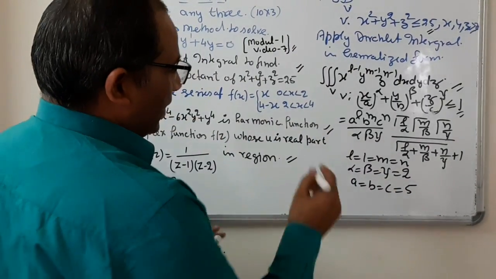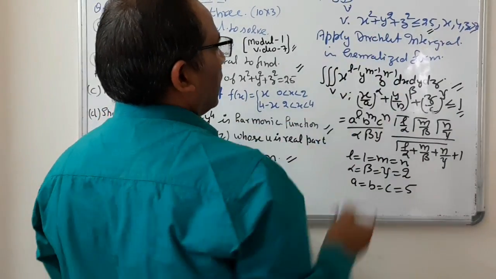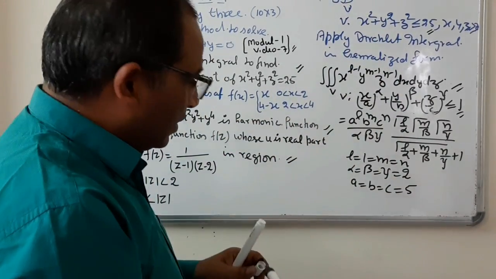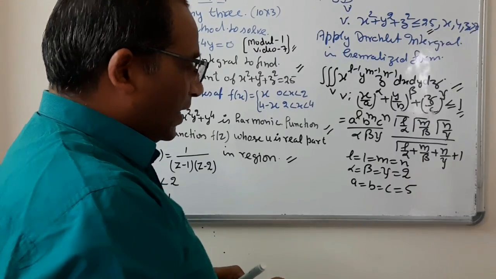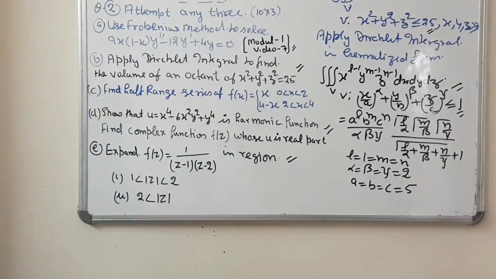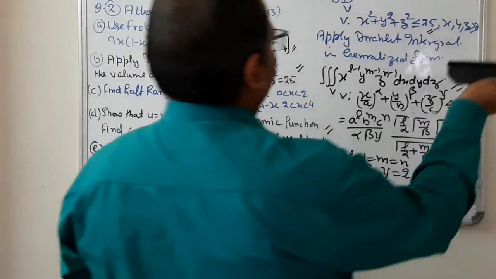Compare this formula to this one and find the values of l, m, n, alpha, beta, gamma and a, b, c. Now put the values in the given formula.